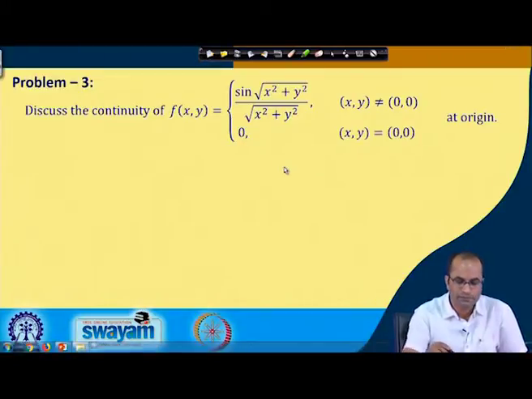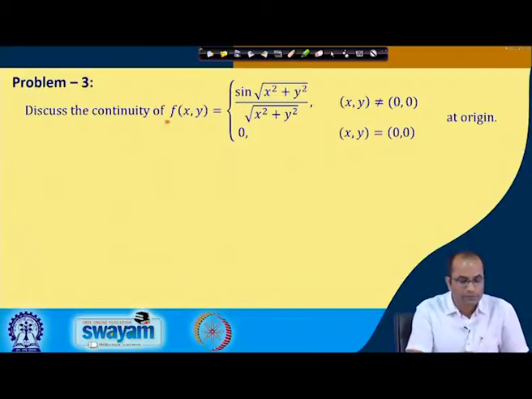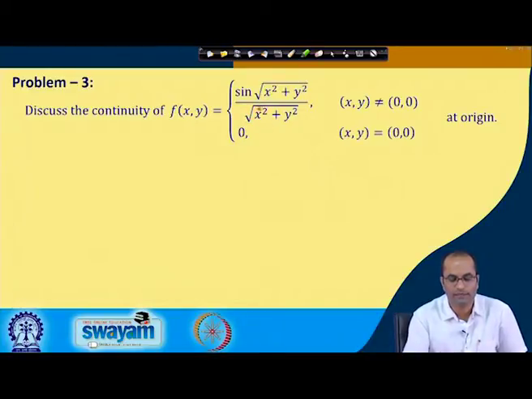The next example: we will discuss the continuity of the function sin of x square plus y square, under square root, divided by the square root of x square plus y square, otherwise the value is 0. We will discuss the continuity of this function at 0 0, because when x y is not equal to 0 0, it can easily be shown that the function is continuous.